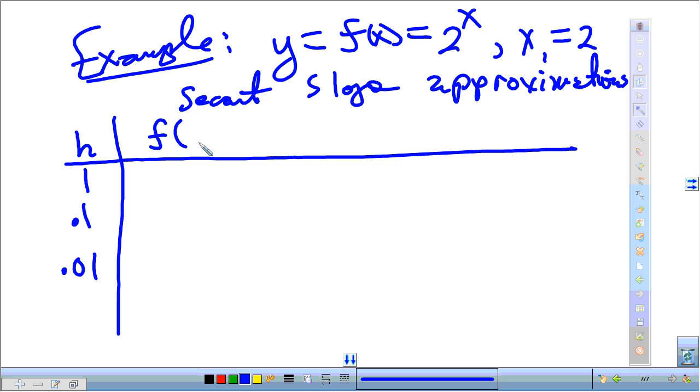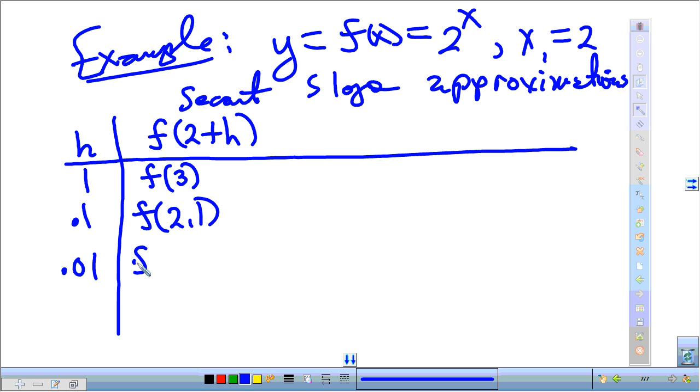And so this all depends on starting at 2 and moving by a value of h. So this will be f at 3 if h is 1, or f at 2.1 if h is 0.1. The functional value at 2.01 if we use 0.01 for h. So add h on each time.